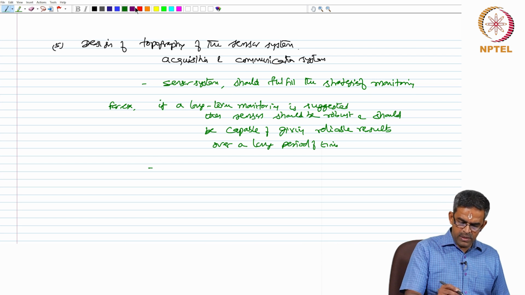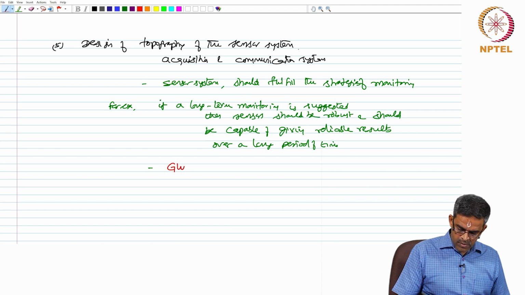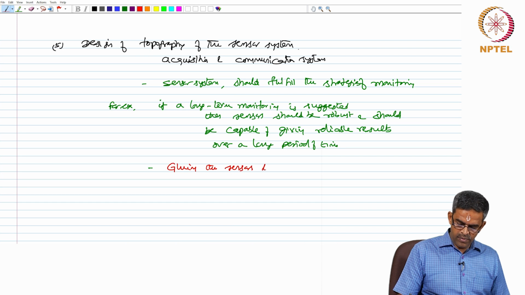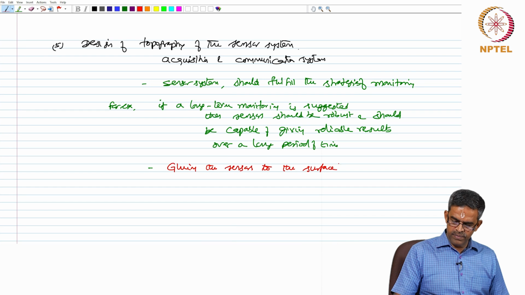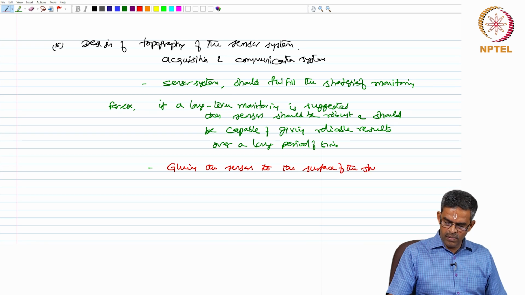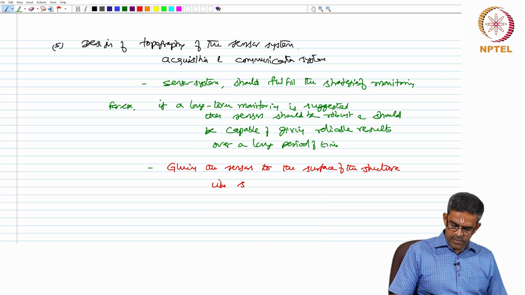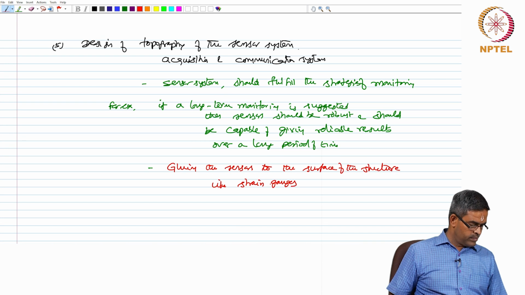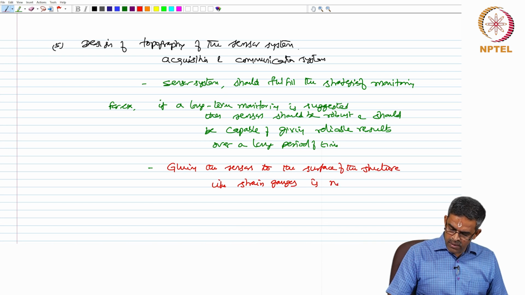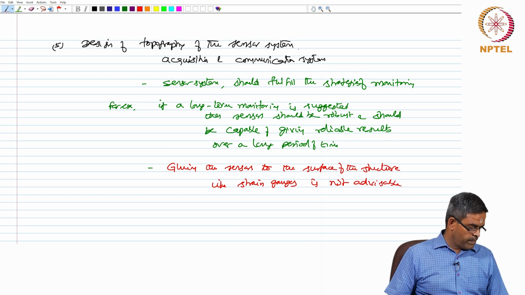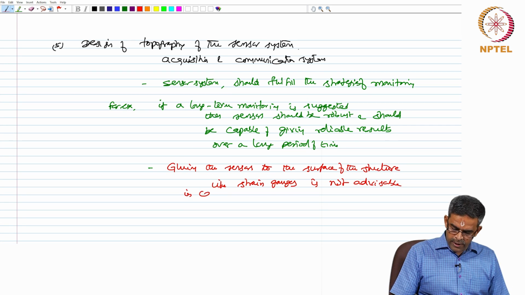A common problem is, let us say, gluing the sensors to the surface of the structure like strain gauges. Is not advisable in case of long term monitoring.